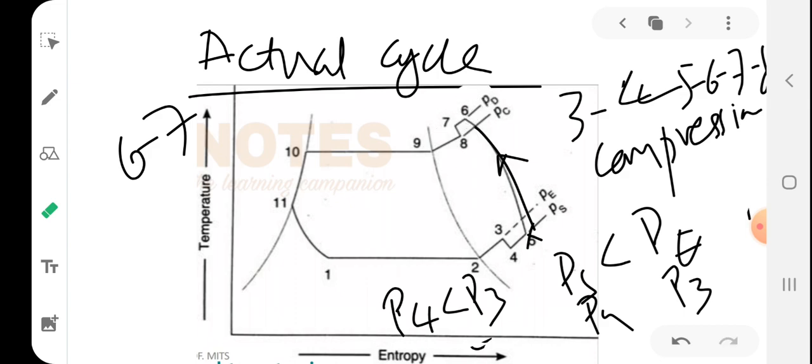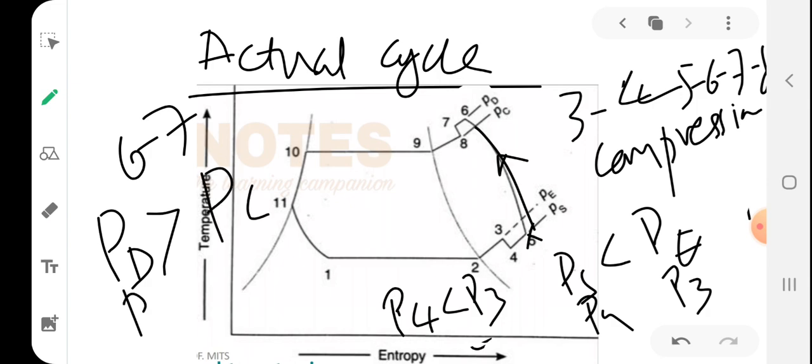This cooling is taking place at constant pressure, right? And you can see that the discharge pressure PD will be greater than the condenser pressure PC.